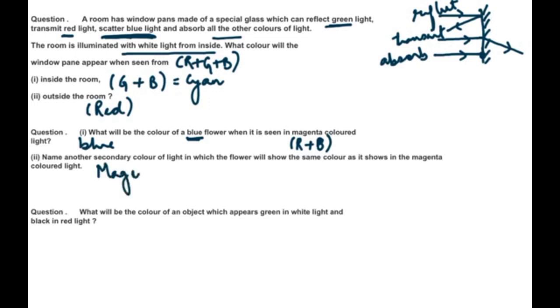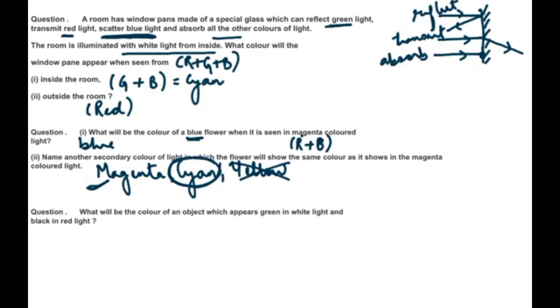Magenta is having blue, cyan is having blue, yellow is not having blue. Fine, magenta we have already given. It is asking for another secondary color of light. So this is the answer. Answer is cyan.